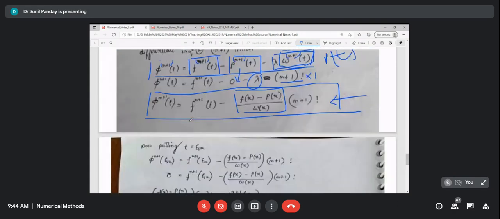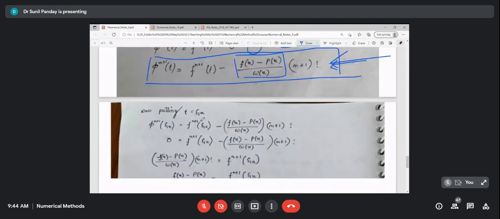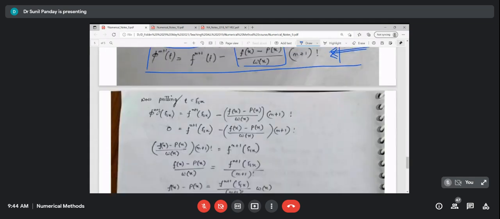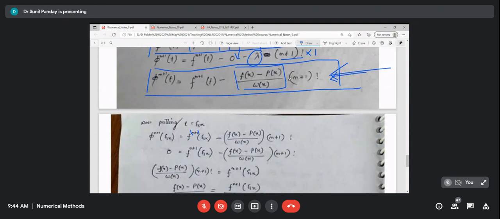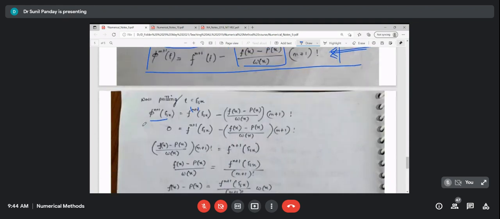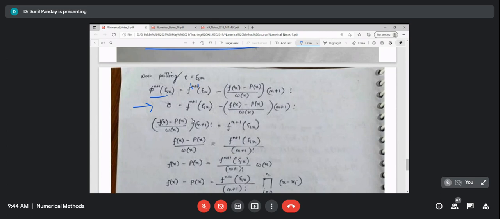So if I substitute t equals xi(x) in this equation, phi of xi(x) equals f to the n plus 1 derivative of xi(x) minus (f(x) minus p(x)) upon w(x) times n plus 1 factorial, because there is no t. And this is 0 because we know that xi(x) is a 0 of phi. And then we can simplify it.